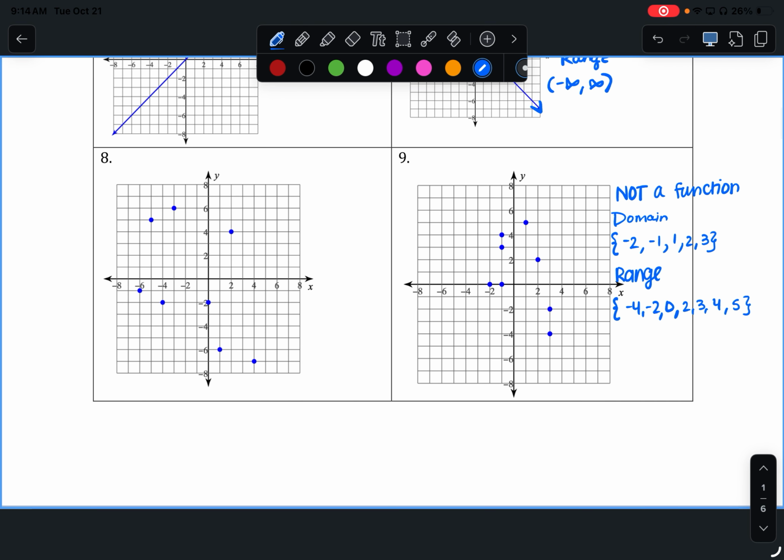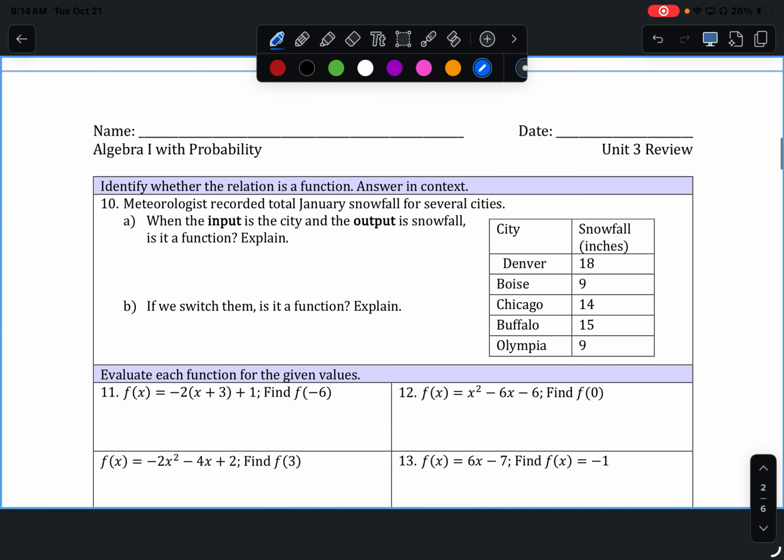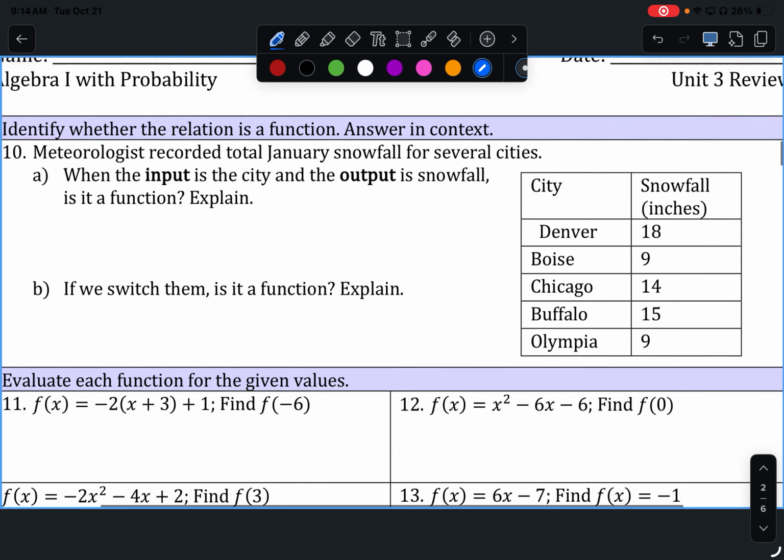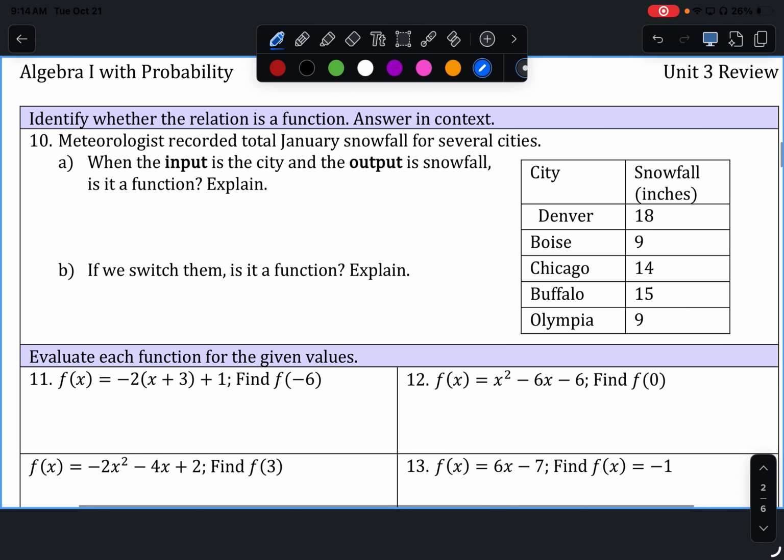Now we're good to go ahead and flip to the back of this page. We're going to look at number 10 all together. So meteorologists recorded the total January snowfall for several cities. So A tells us when the input is the city and the output is the snowfall, is it a function?